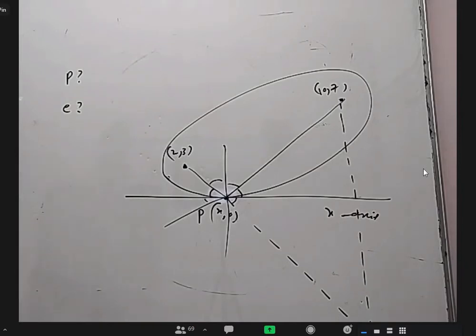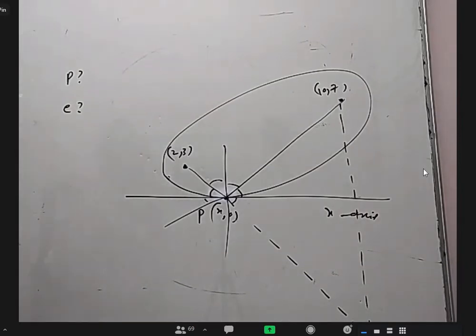Suppose I want to find the length of the minor axis. Does anybody have an easy idea to find it? Even now I can find it because I know 2a and 2ae, but without that, the length of the minor axis? b squared will come 21. Anybody want to tell why?